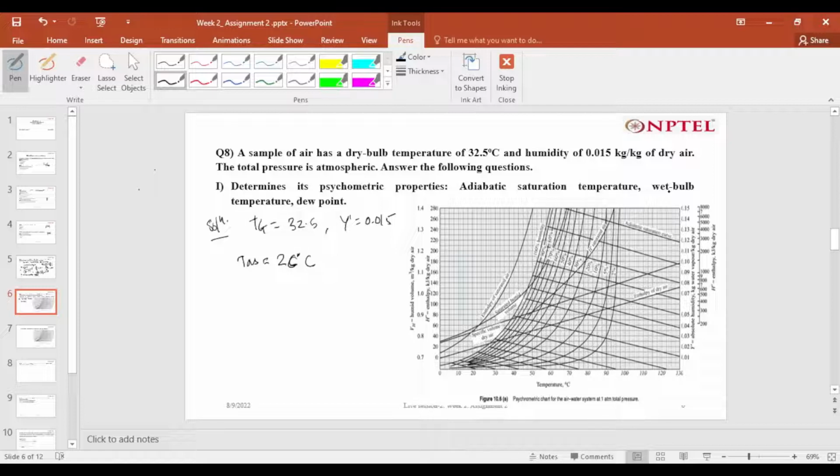So first, how to calculate the saturation humidity. Here the vapor pressure of water at 15 degrees Celsius is given to calculate the saturation humidity.